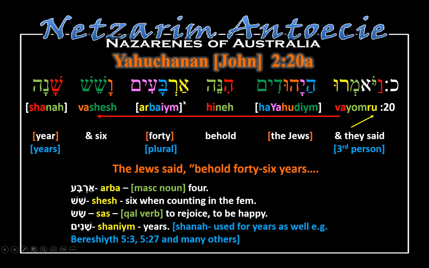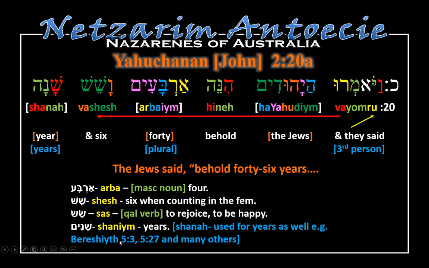Hine, behold. Arba'im, 40, because it's got im at the end; arba means 4, and then with the im it's 40, because it's plural. Vashesh, and 6, 40 and 6. Shana, years. Interestingly, even though shana looks like singular, like year, it's also used as years.